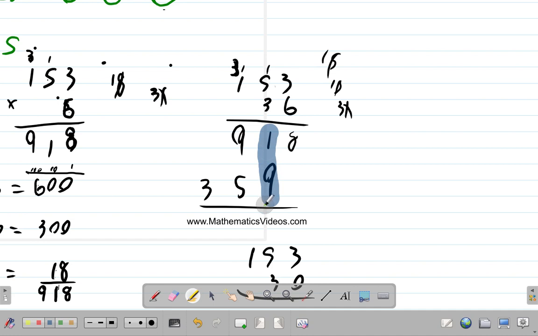Everything in this column are tens, so you must multiply by 10, because it is the tens column. These are the ones column, these are the hundreds column, and then the 3,000 you are going to get, you put the 3 over here in the thousands column.